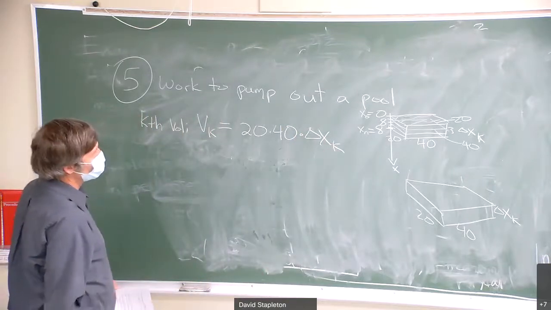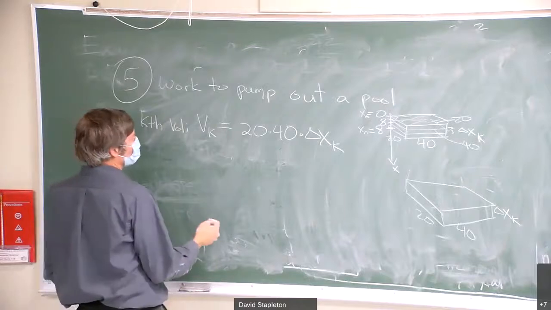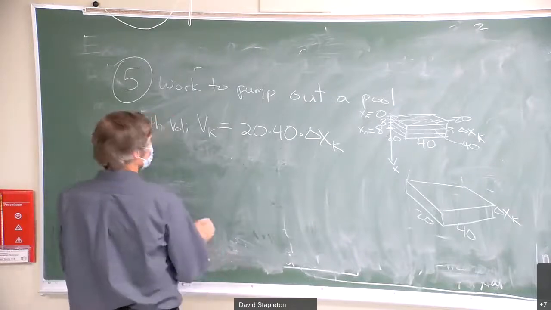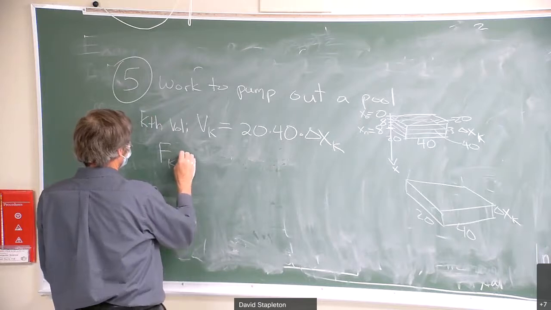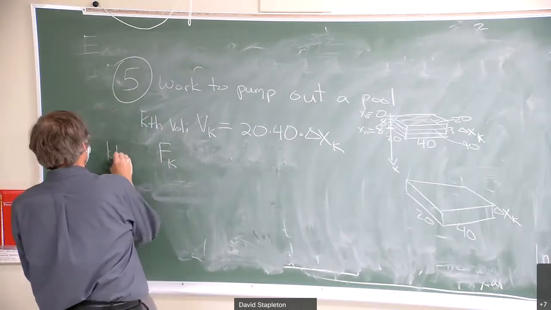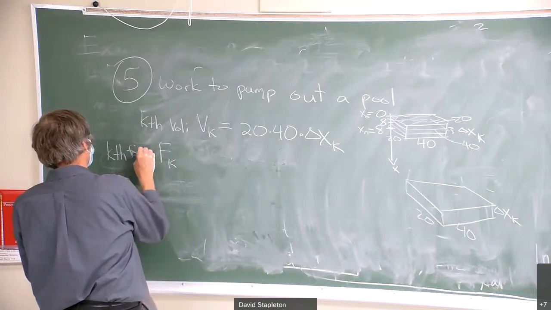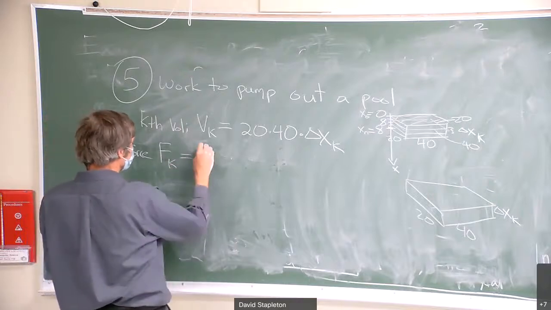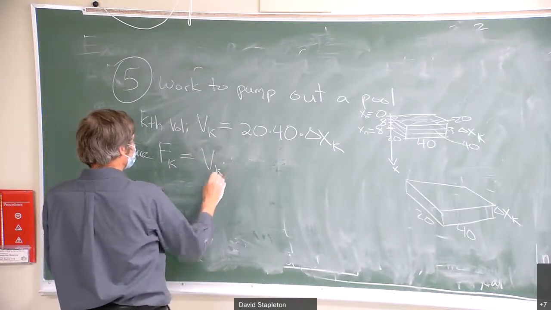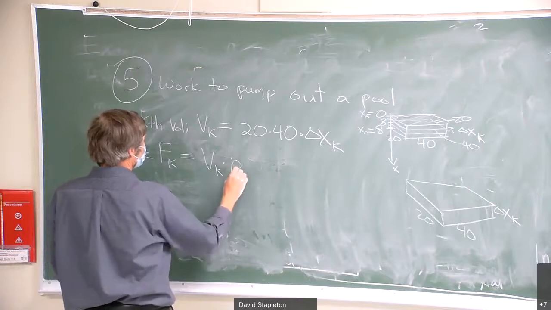Then that tells you the weight of the water. So Fk, the force on the kth slab, is the volume times the weight density.